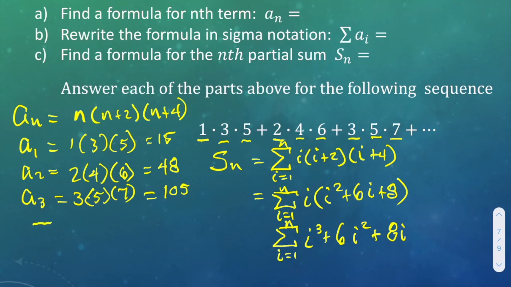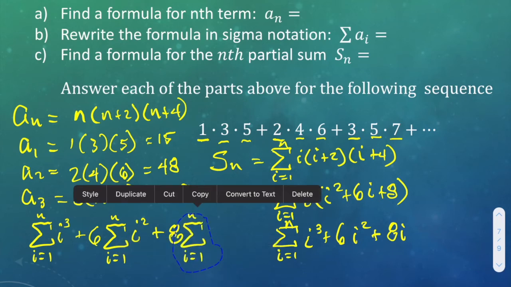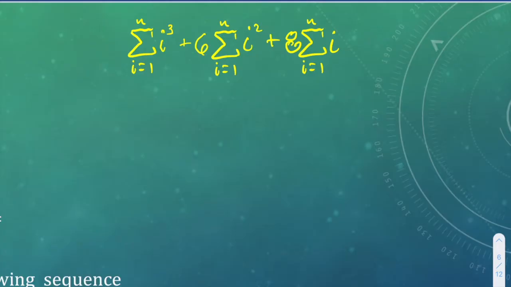It's going to be the sum from I equals 1 to n, and I'm going to copy that because I'm going to use it again, of I to the third, plus, and we're going to write it this way, 6 sigma times I squared, plus 8 sigma I. We're reminding ourselves then of the sums of powers of integers, and those first three sums that we shared with you earlier in this talk.